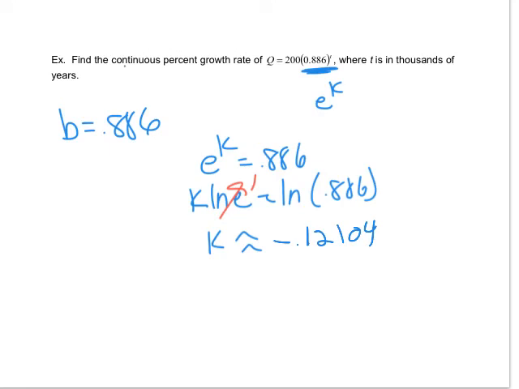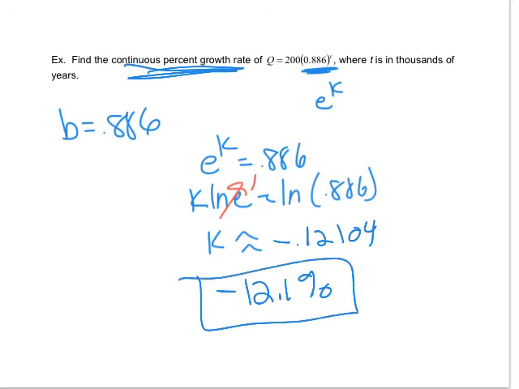So the continuous percent growth rate is going to be decreasing by 12.1%. That's the continuous rate per thousands of years. So that's how we can use what we know about exponential equations to solve for continuous rate.